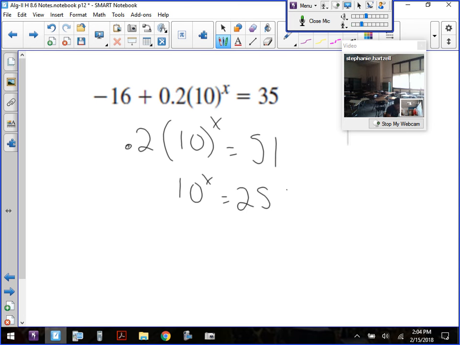Thank you. And now in this case, I can't rewrite 255 as a base 10. So I have to take the log of both sides. Here my log base is just the common log, so I can use the alpha window 5 if I want, or I just hit the button that says log, and I get x will equal the log of 255. Whatever that winds up equaling, some decimal.